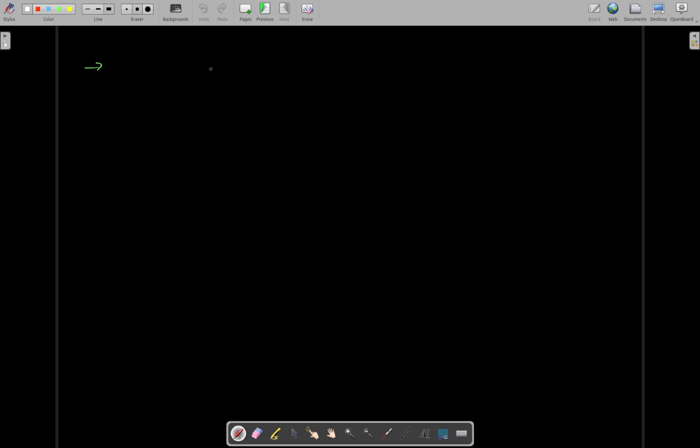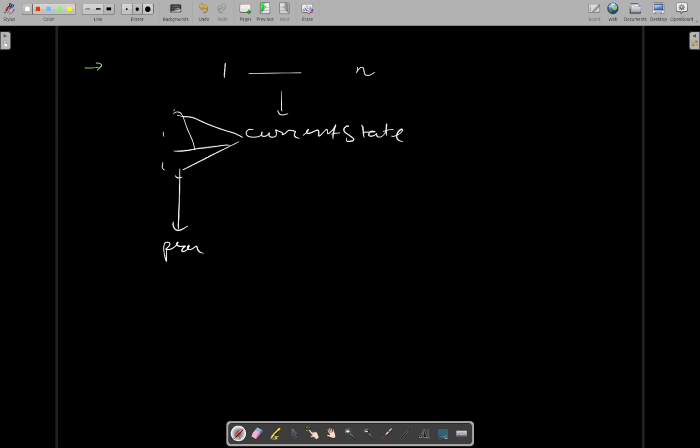For all the states from 1 to n, you will pick a current state. Okay, and for this current state you will be seeing what are the previous states possible. And you will be taking contributions from previous states and adding 1 to them.